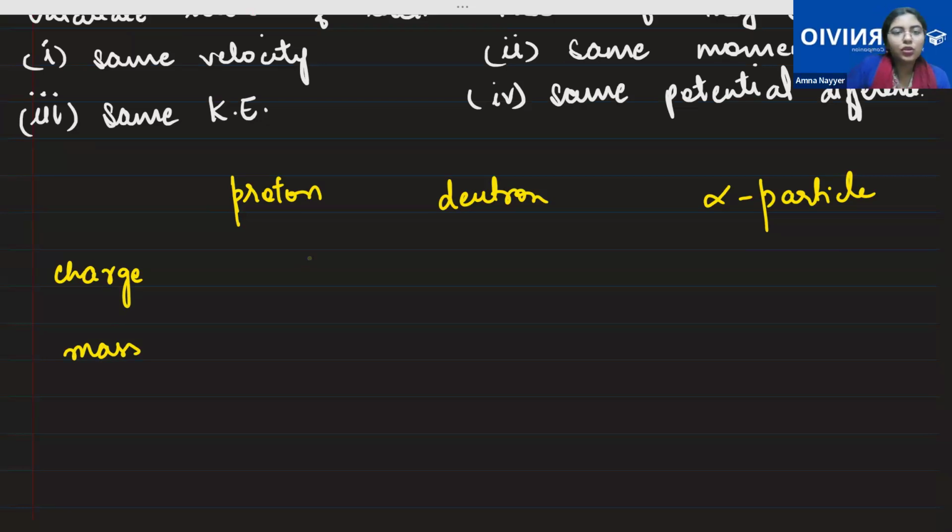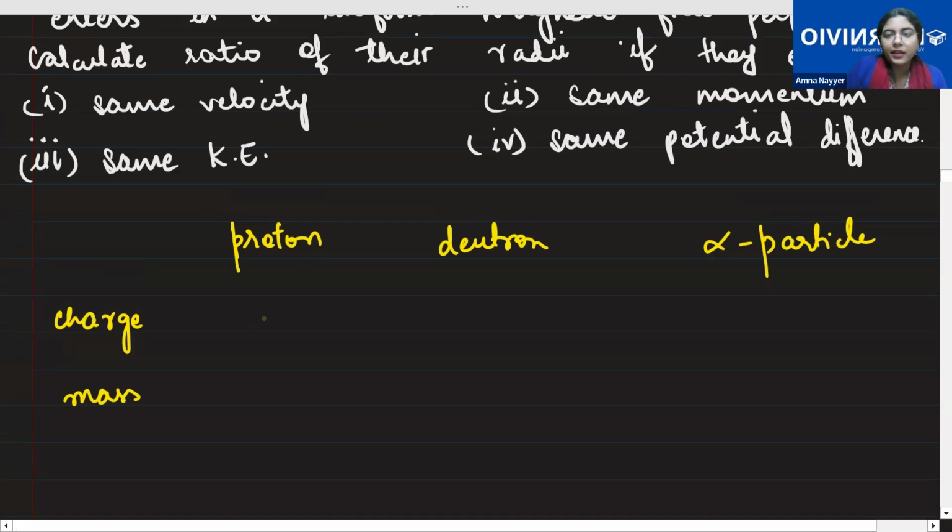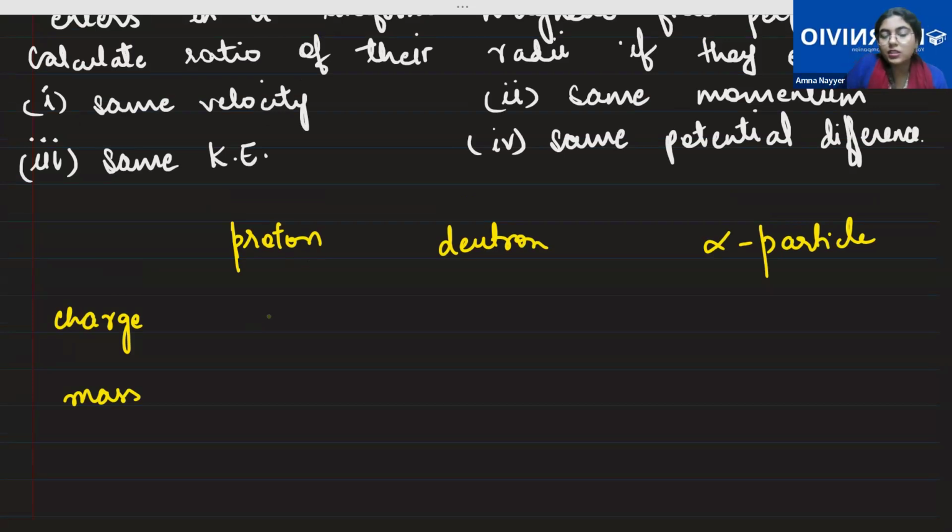When we calculate the charge by mass ratio, we will be needing one common thing so that things can be cancelled out, right? The charge of the proton is e. The charge of the deuteron is e. And charge on the alpha particle is 2e. Similarly, the mass of the proton is mp.